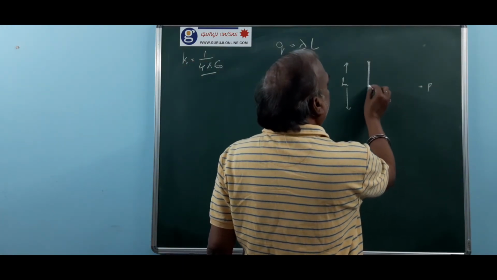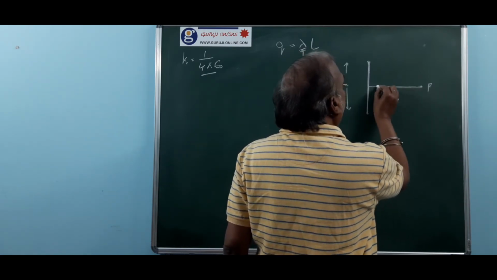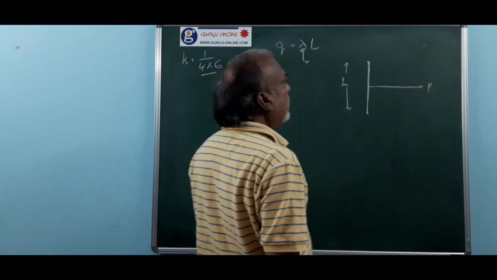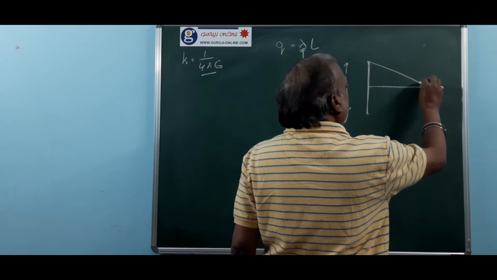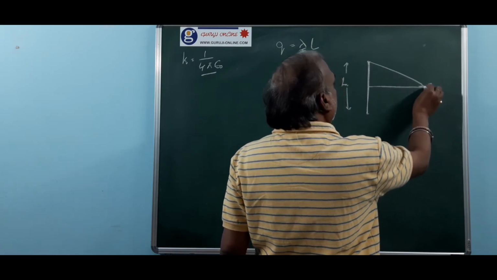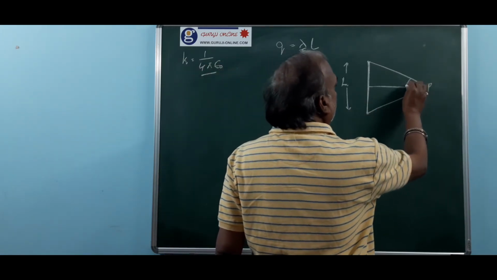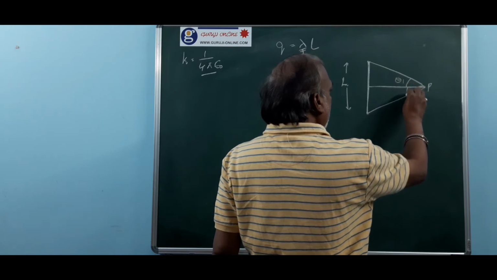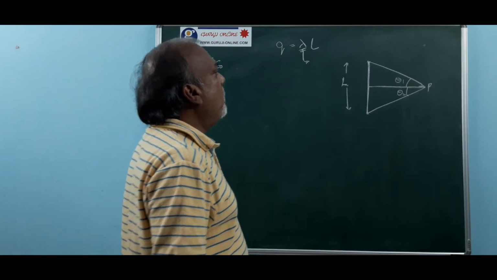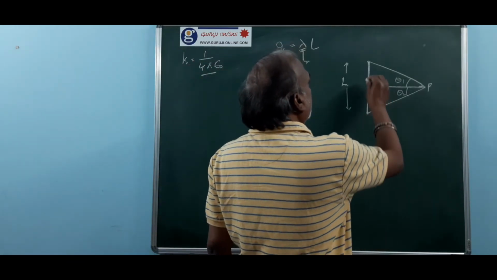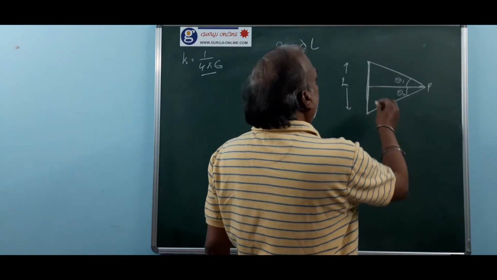So what you have to do, first you just draw a perpendicular, correct, and then you can mark like this. Suppose this is your theta 1 and this is your theta 2.